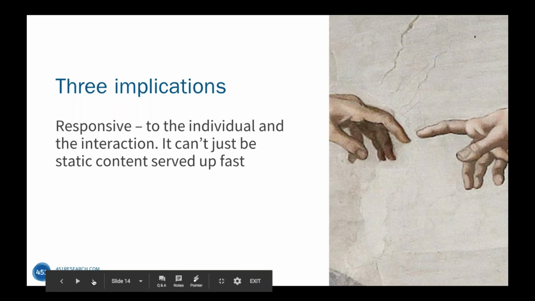It also needs to be responsive both to the individual and to the interaction. So it's not just static content that's served up to you in a fast manner. It is reactive to the things that you've just browsed, the things that you bought maybe just a second ago, in terms of not just recommendations, but also the information about when you can expect that delivery, or maybe you've just made an error and you need to figure out how you can cancel that order and order something else.